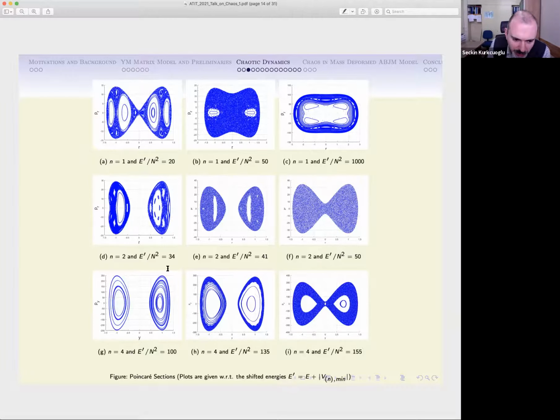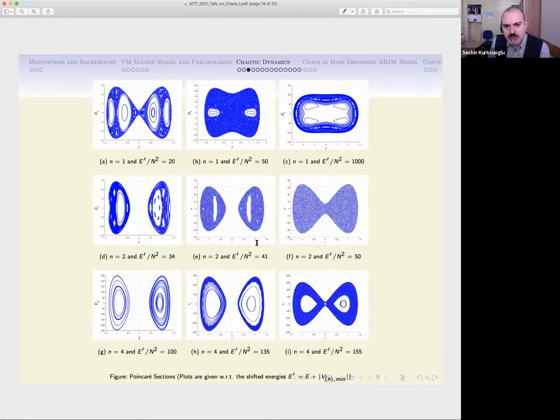In order to draw the Poincare sections, for some technical reasons, we have added a constant term to the potential to lift the minimum of the potential to 0. So instead of E, there is an E prime here. But the main idea is that once the energies exceed the energy of the fixed point, you see that the chaotic dynamics starts to develop. So that's the whole point.